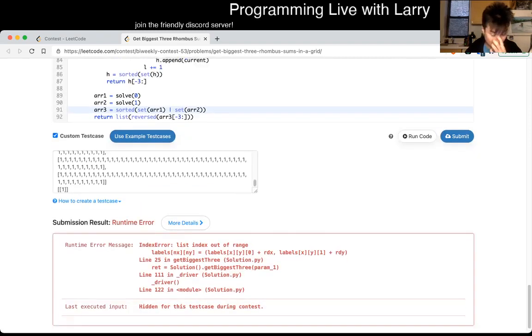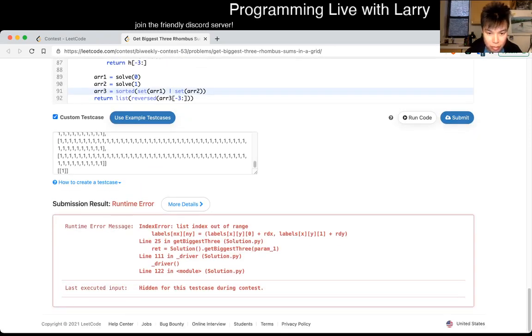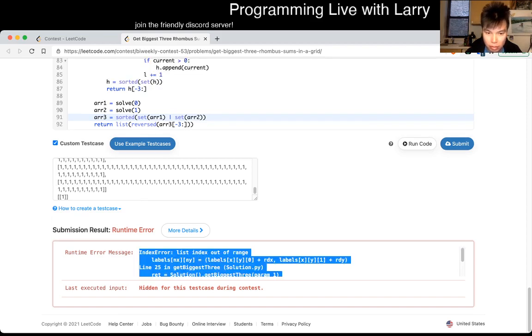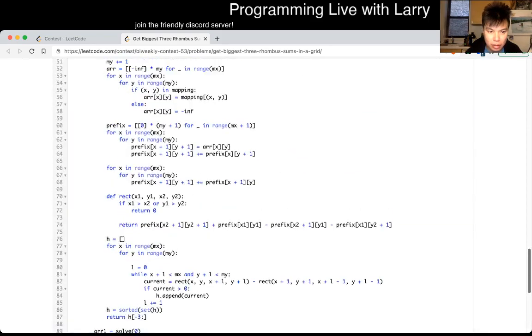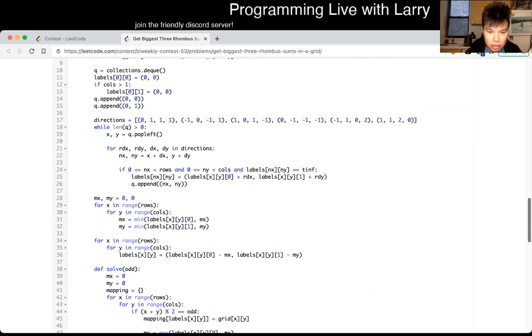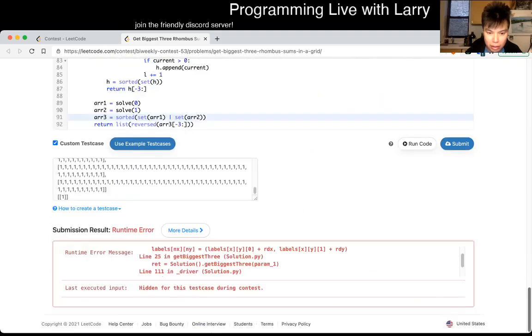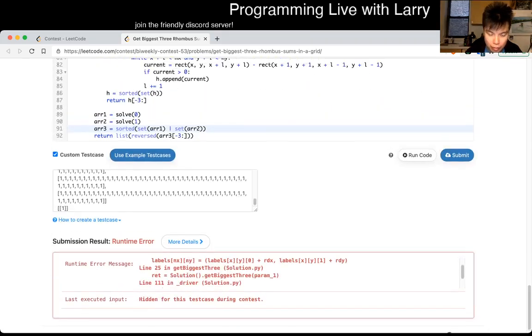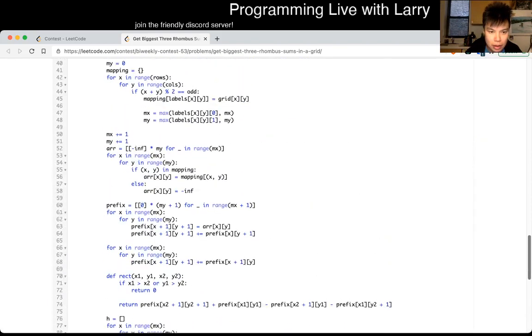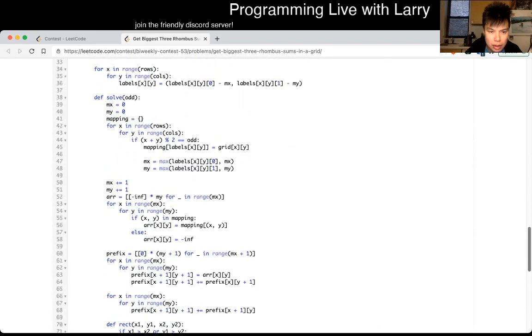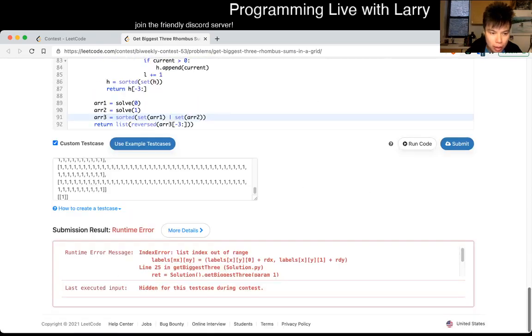Oh no. Well, at least it's... which one can it be? Line 25.